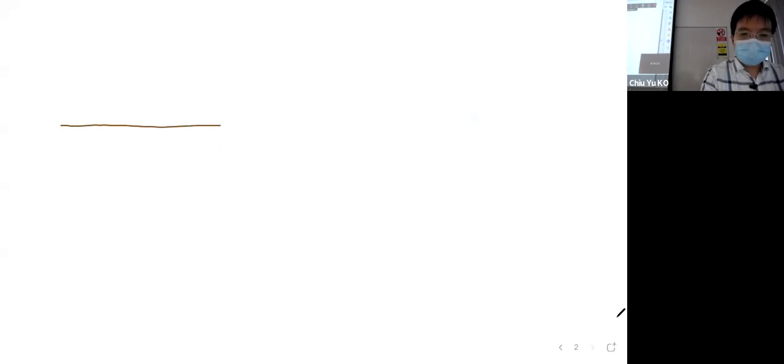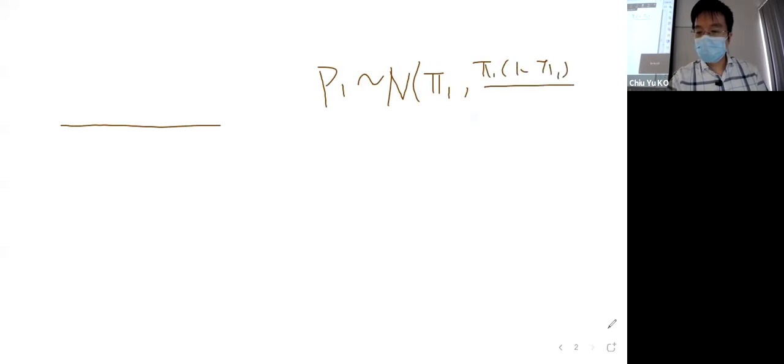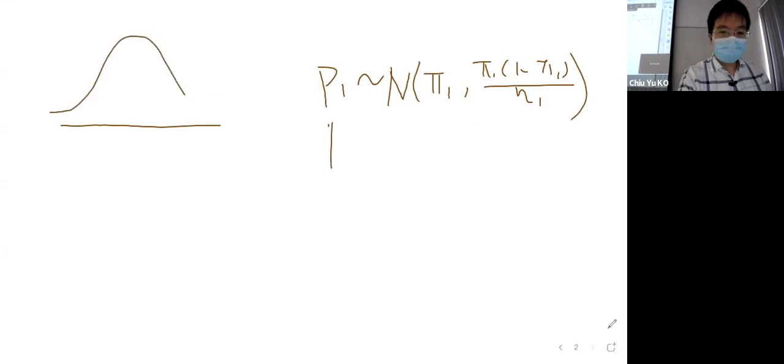You actually learned the following: this sample proportion p1, under the central limit theorem, is normal with mean pi 1 and variance pi 1 over n1.